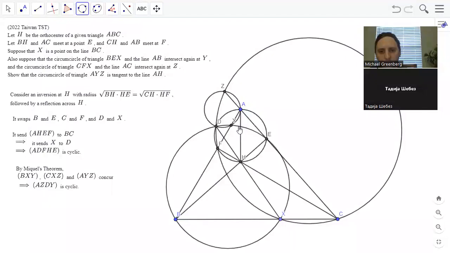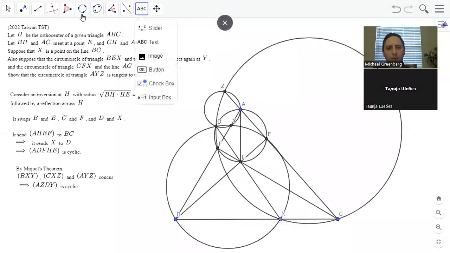Which DYF is DYB is DXB. Yeah, at that point it should be pretty easy because BC is parallel to the tangent at H. So yeah, and then that would be DAH.